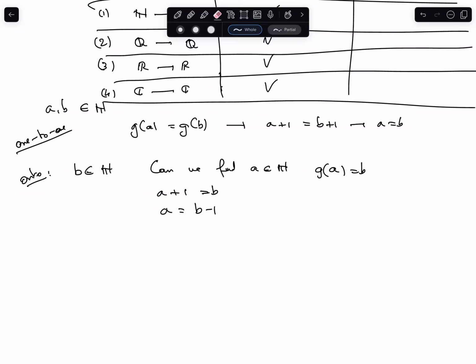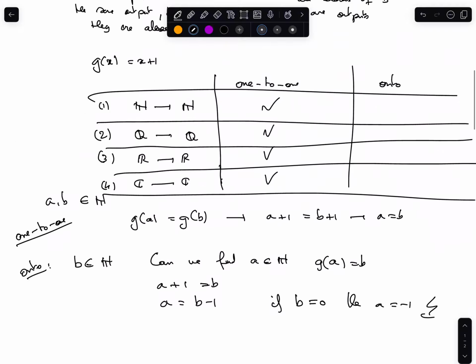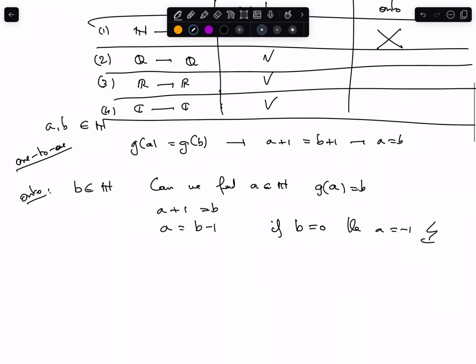There's only one case here where it really is not going well. That is if b is 0. If b is 0, then a is minus 1, which is not allowed. So here the answer is no. But if you think a little bit about it, that's the only reason it can go wrong. As long as you can subtract a 1 from whatever quantity you have, and you get a quantity of the same type, then it works.